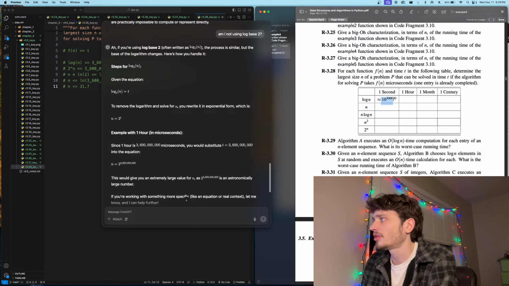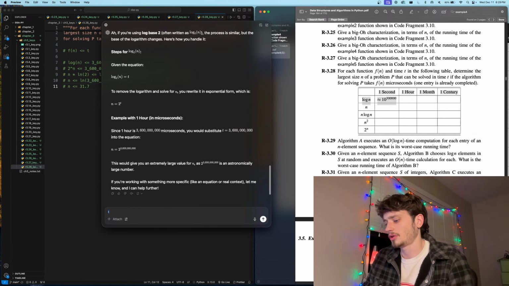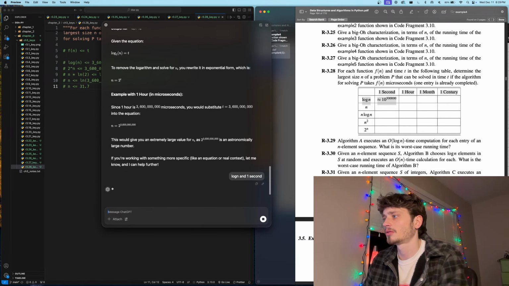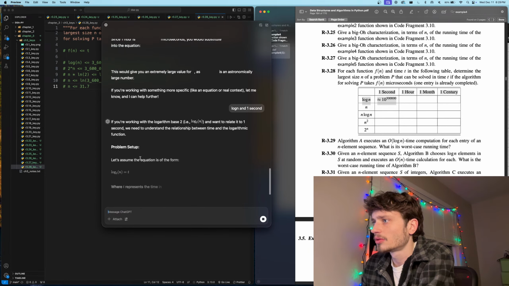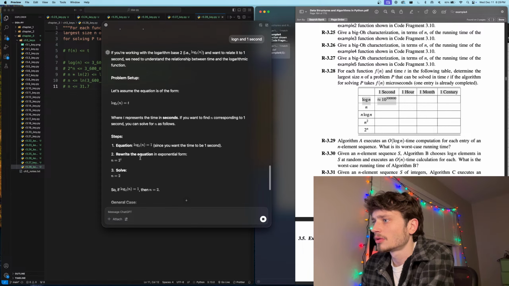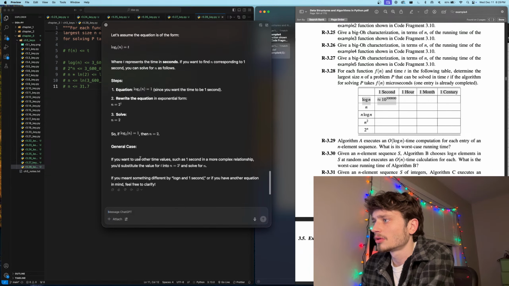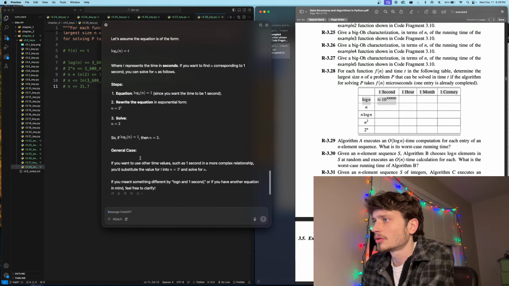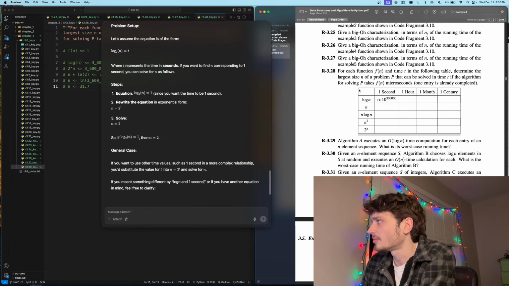They look like they're using log base 10 though. Why are they using log base 10? Do log n and 1 second. Okay, so they are using log base 10 here for some reason.